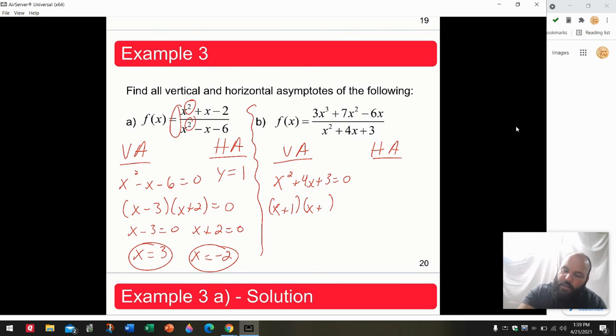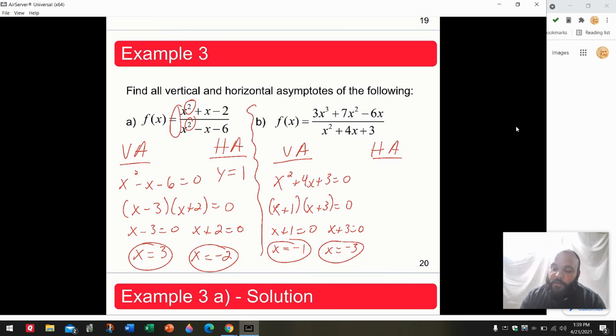So it will be 1 and 3. And then we simply set both of these equal to 0 and solve. So there are our 2 x values. So those are the 2 vertical asymptotes as well.